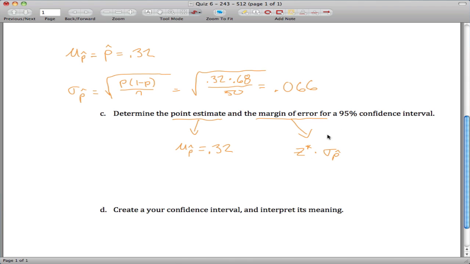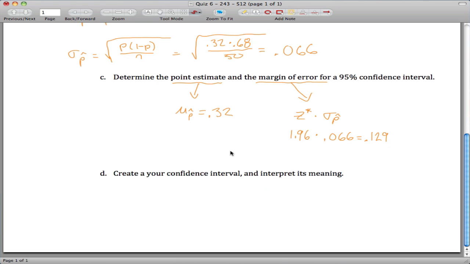Z star for a 95% confidence interval is 1.96, and sigma of p hat we found above was 0.066. If you multiply those together, you get 0.1293, maybe 0.129. Use 3 decimal places. So point estimate, margin of error.